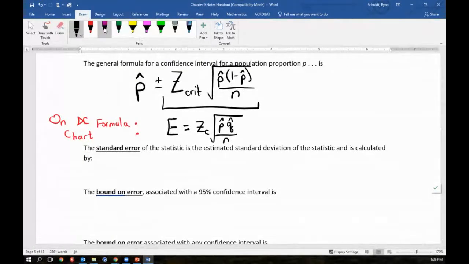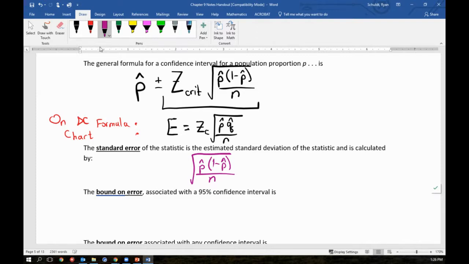Now, the standard error portion of our formula is the square root, the whole square root piece. So the standard error would be p hat times 1 minus p hat over n. This is the estimated standard deviation of the statistic.